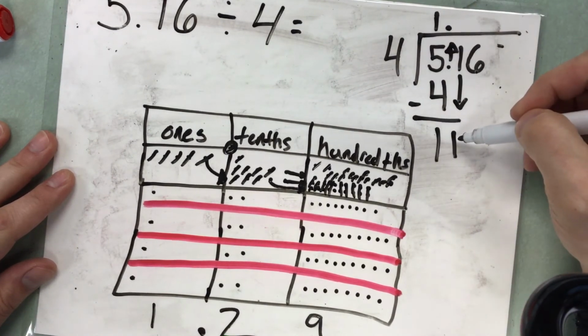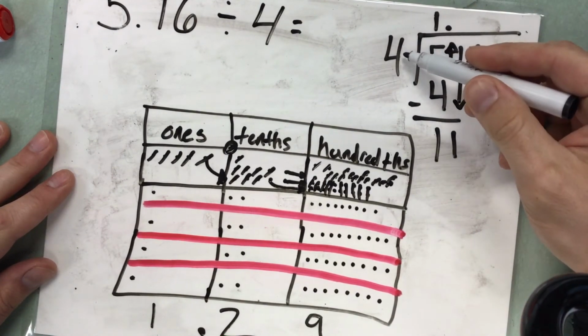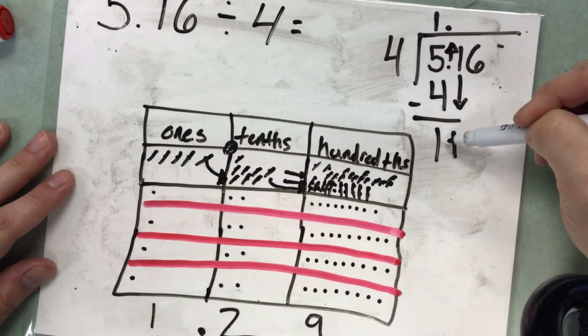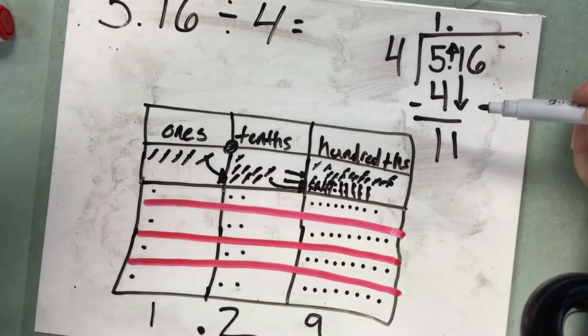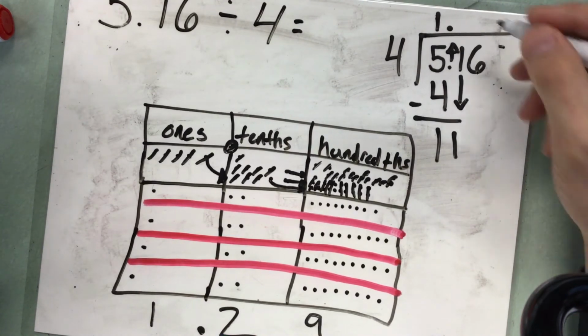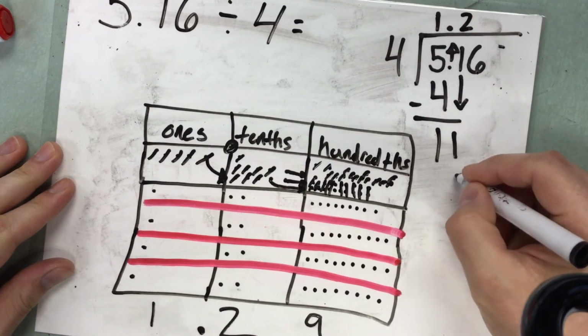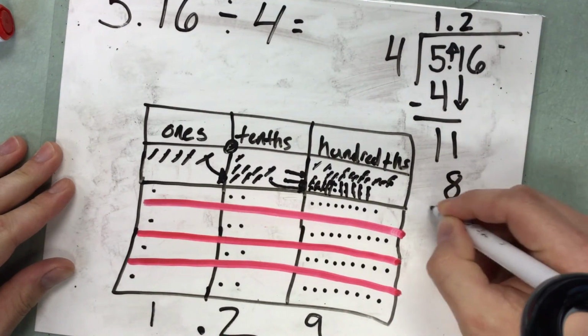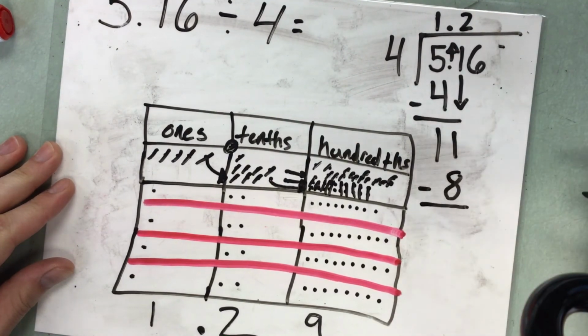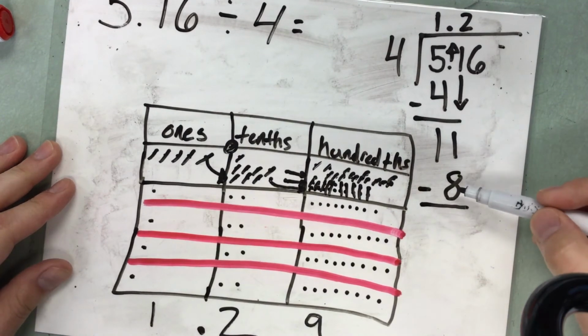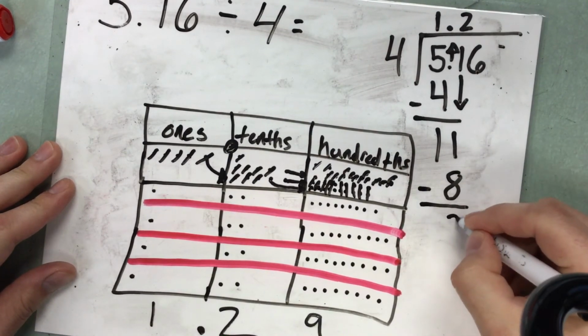Now we have 11. How many times will 4 go into 11? 4, 8, 12. 12's too many, so it just goes in 2 times. And 2 times 4 is 8. Now we have 11 take away 8, which is 3.